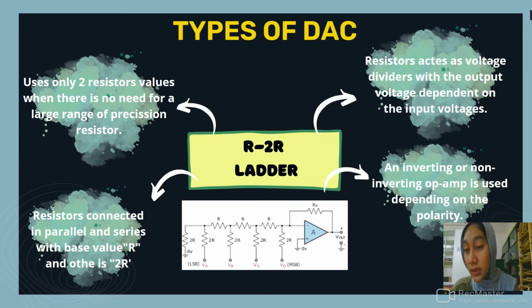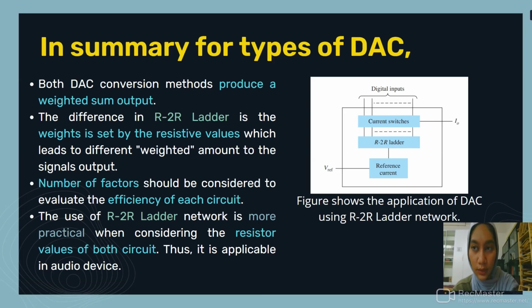The resistors act as voltage dividers along the entire network, with the output voltage dependent on the input voltages. Similarly, this circuit also utilizes an operational amplifier, with a negative feedback resistor connected to it. To recap, both DAC conversion methods produce a weighted sum output, with the weight set by the resistor values used in the R-2R ladder network, contributing a different weighted amount to the signal's output.